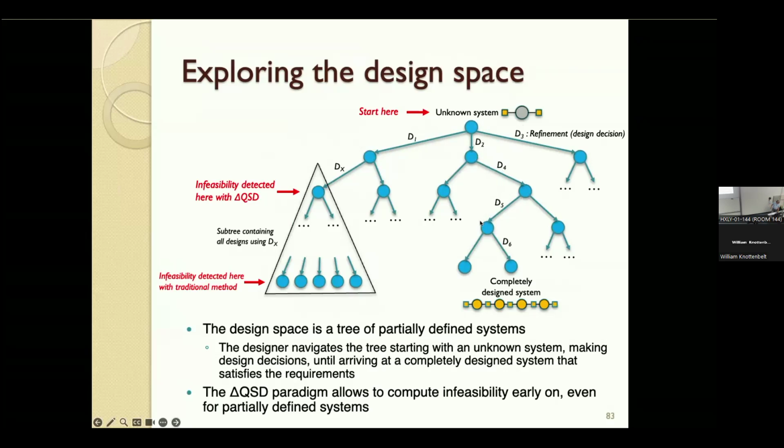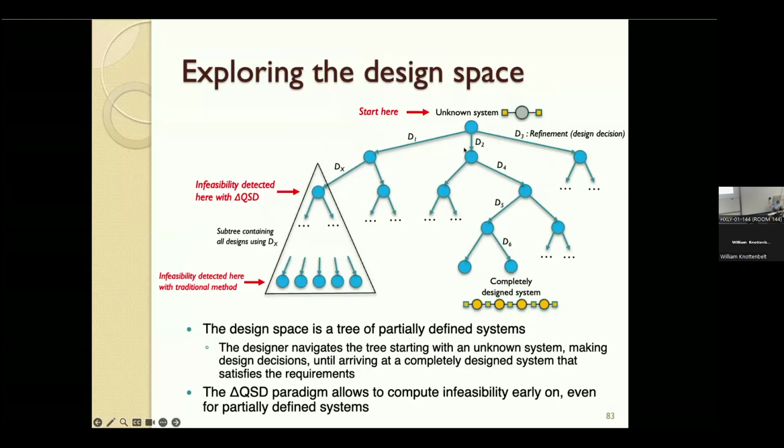And this goes down until we eventually get to a completely designed system. If I start by going to the left here, D1 and DX, this is an internal node, so it's a partially defined system, but I may already be able to determine that it's not possible to design it because the delay of a component has to be negative. So I don't even have to go down to the fully defined systems.